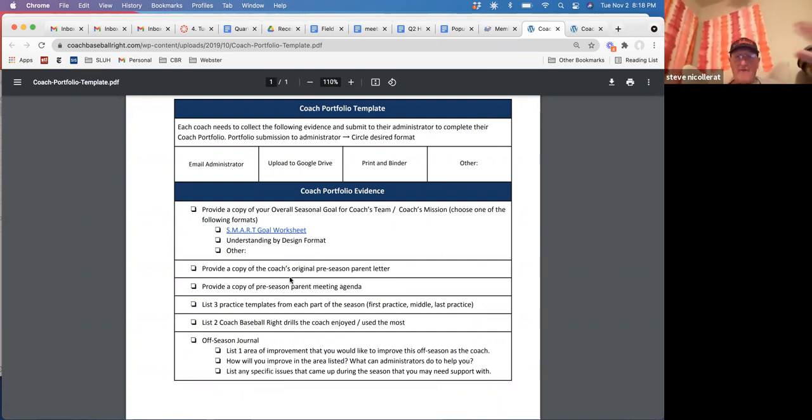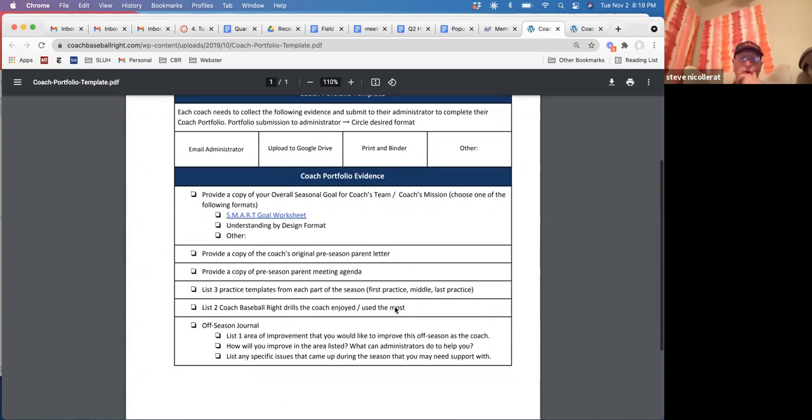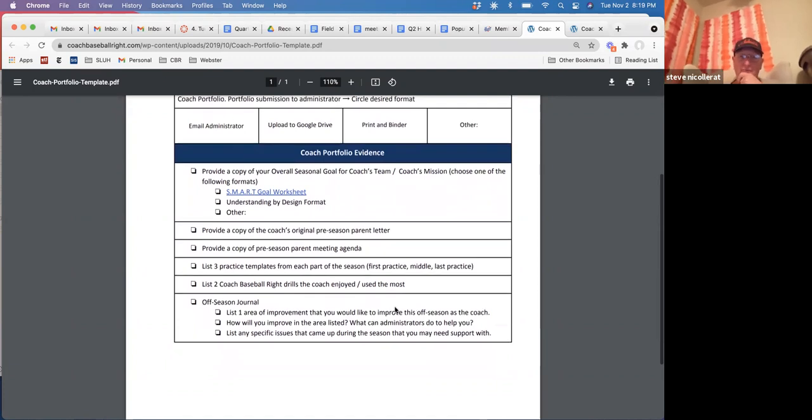But having an idea of what your overall goal is, and providing that to some coaching coordinator, then a copy of the coach's original preseason parent letter, a copy of the preseason parent meeting agenda, and then listing 3 practice templates from the beginning, the middle, and the end of the season that you can submit. Most importantly, the coach can look at his templates and see what it is that he's doing.